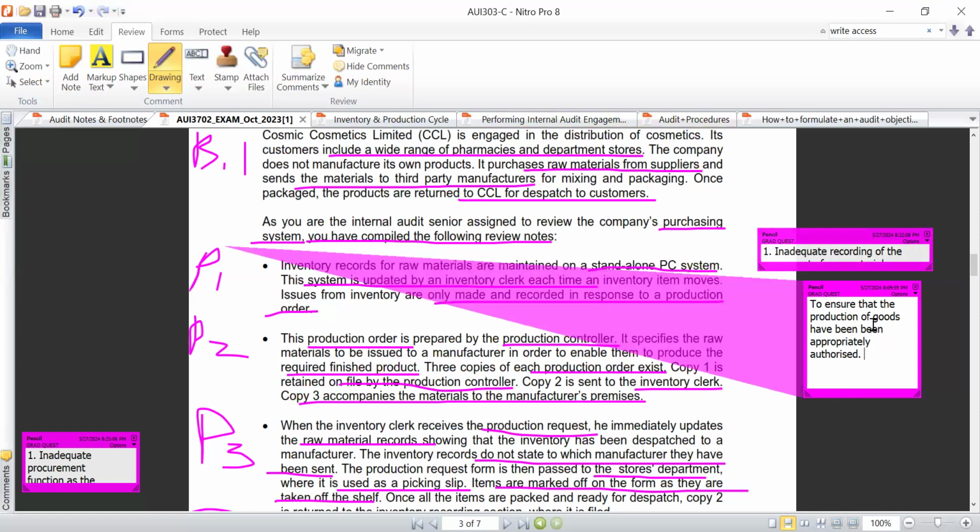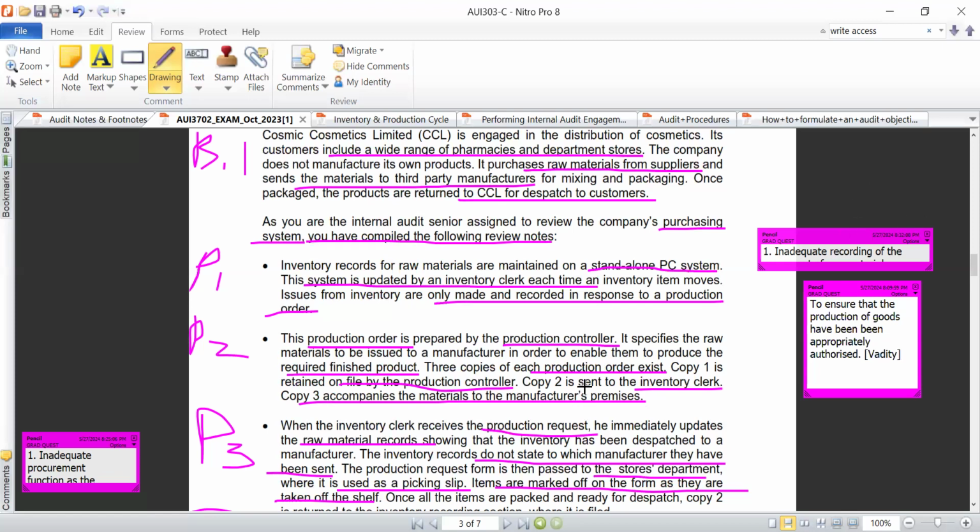That's it, to ensure that the production of goods have been appropriately authorized. Why? Because we want to ensure validity of the production order, isn't it? So then the assertion you put there has to do with validity.